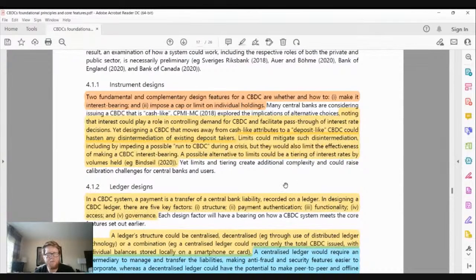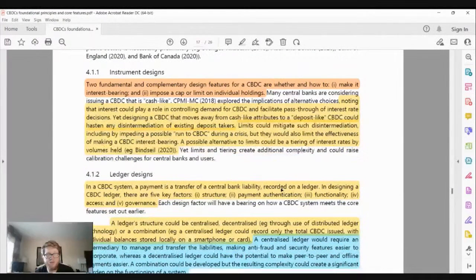Okay. So, noting that interest could play a role in controlling demand for CBDC and facilitate pass-through of interest rate decisions, essentially controlling monetary policy to a greater degree. They could bypass commercial banks through the rates. If they want to increase the amount of interest that individuals or businesses receive, they could just do it through their CBDC.